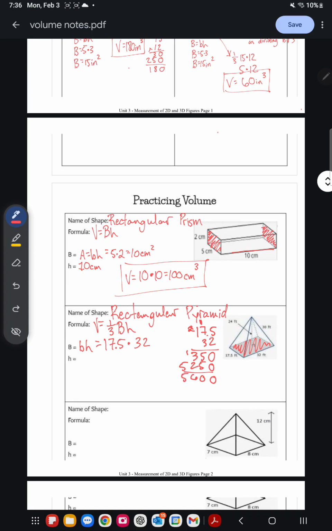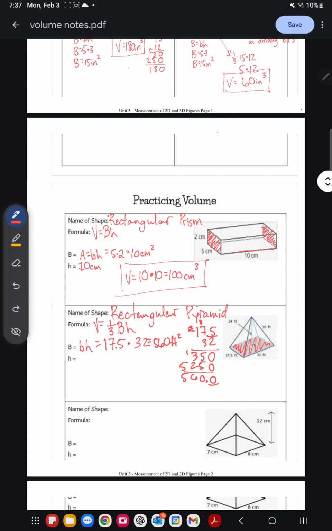Determine where my decimal goes. Find the decimal in the problem. There's one digit to the right of it, which means in our answer there should be one digit to the right. So base times height, 17.5 times 32, is equal to 560 feet squared.